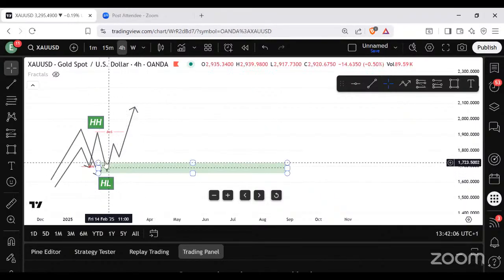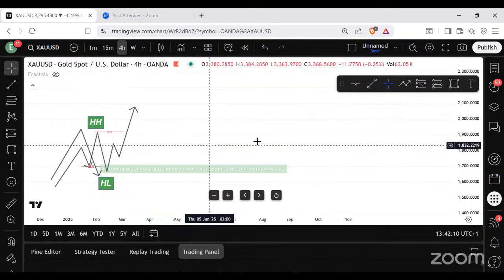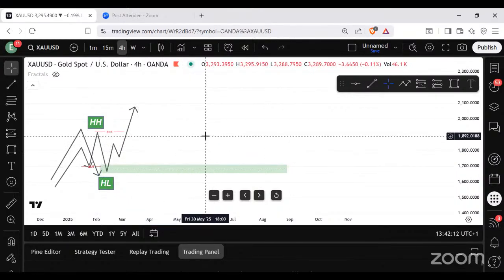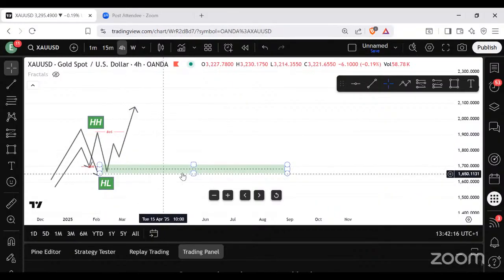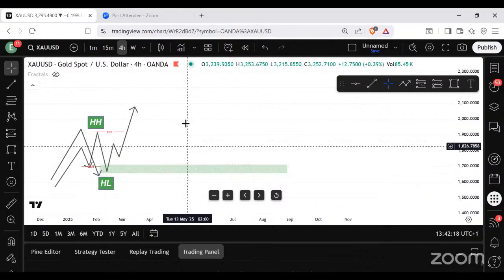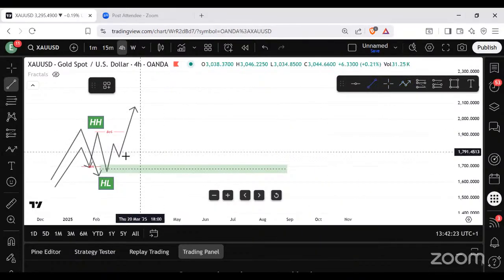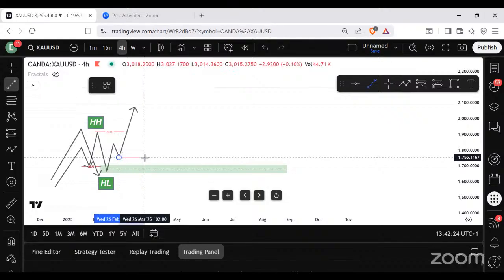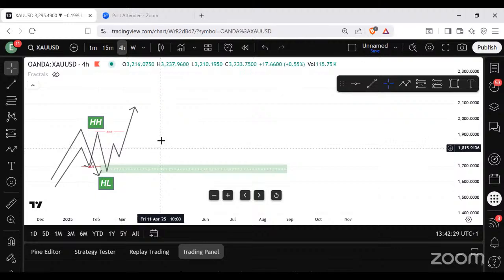There are some things we must check before we can enter the trade. Suppose there is one more continuation start above, for example, then this automatically becomes invalid.